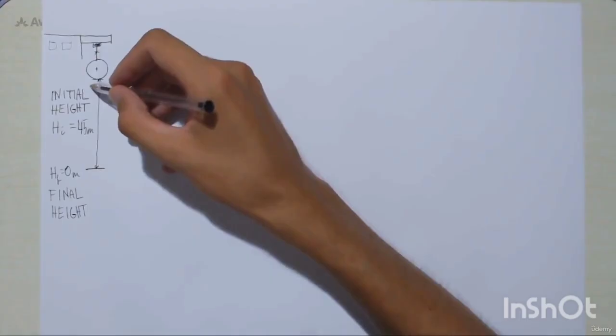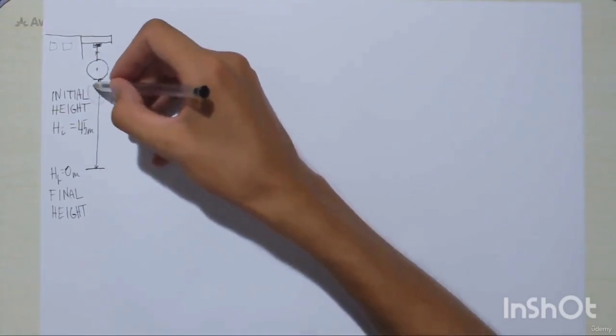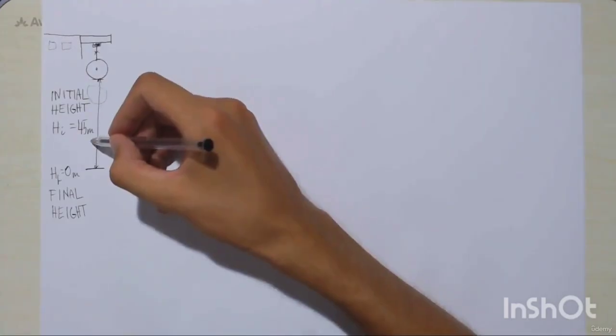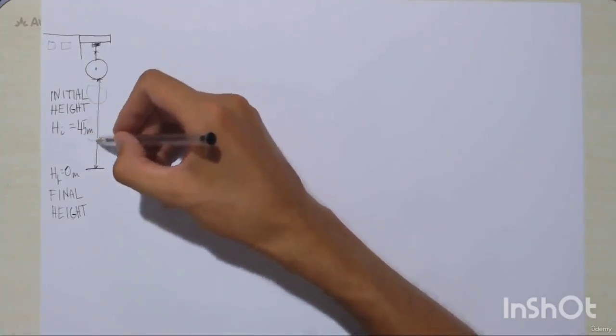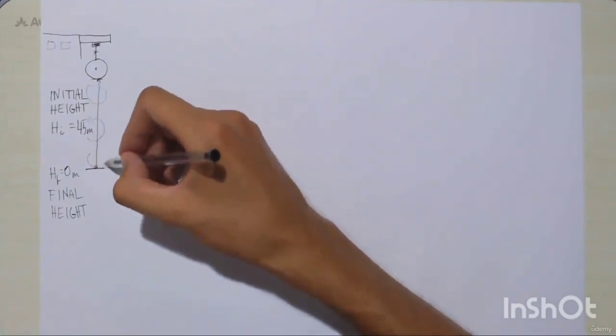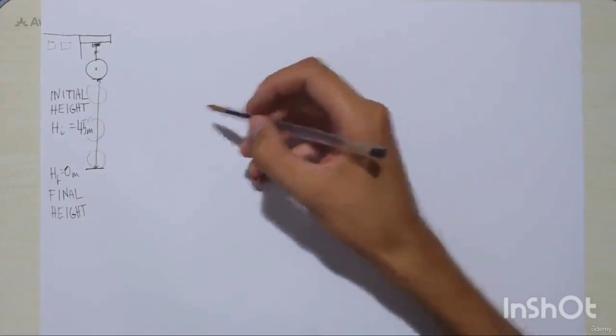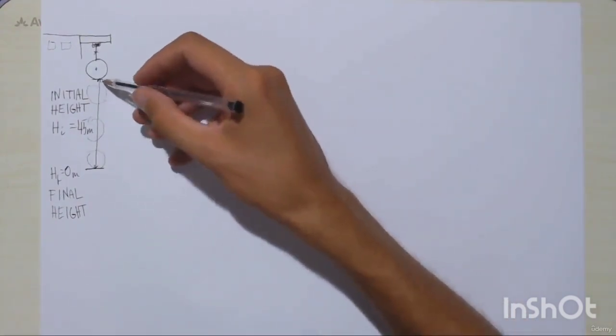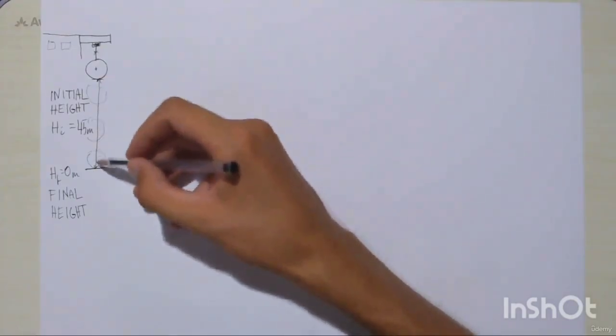And then this sphere will start falling down, and it falls down faster and faster until it reaches the ground. So we know that the initial height of the sphere is 45 meters. So this is this distance here.